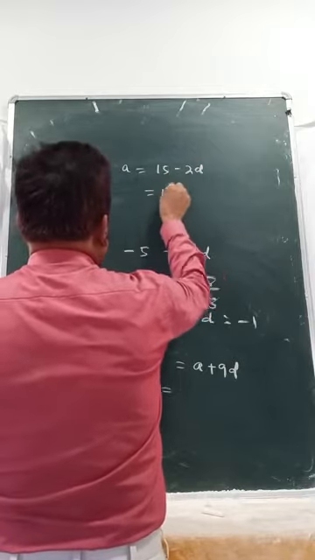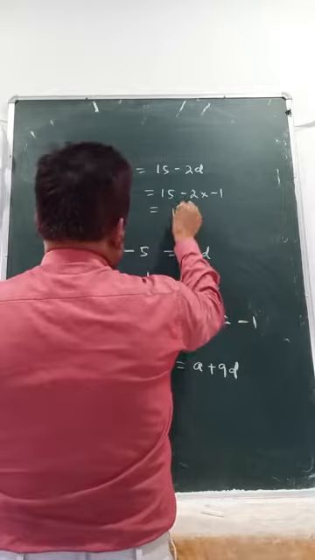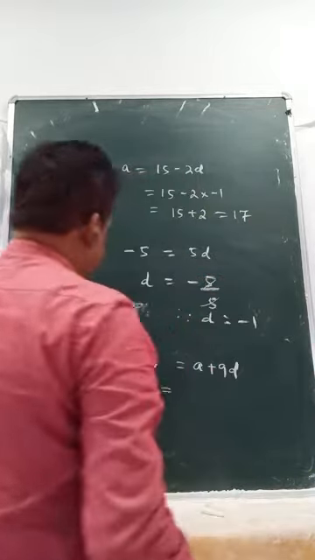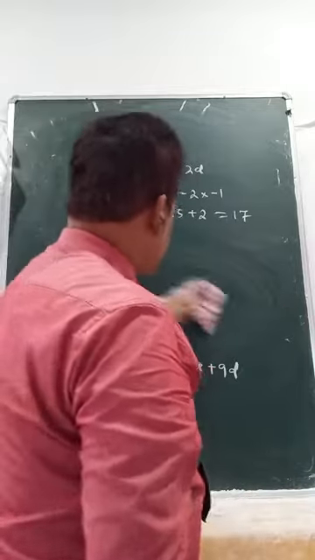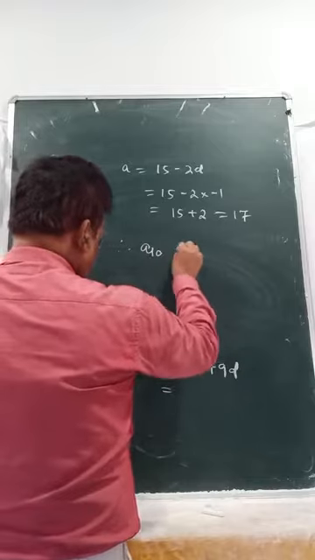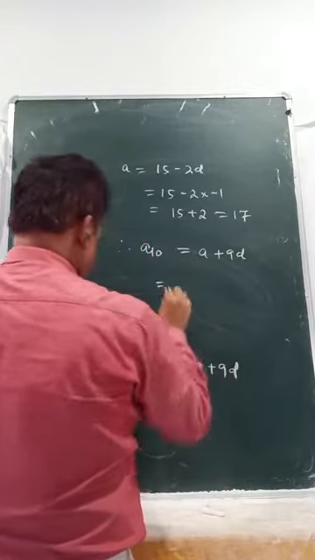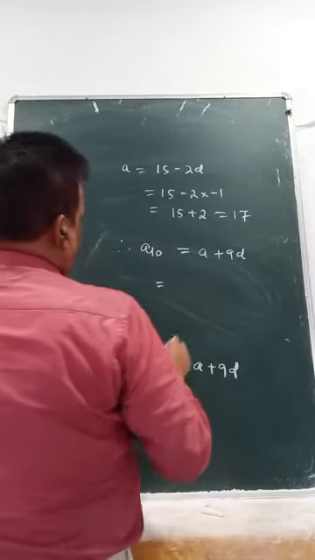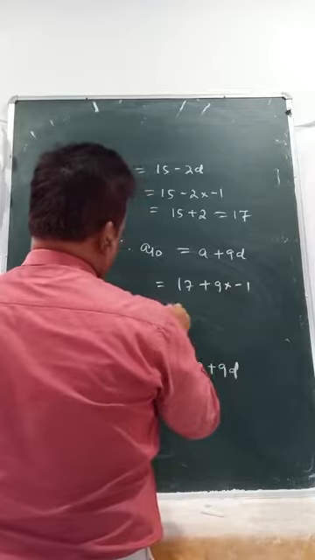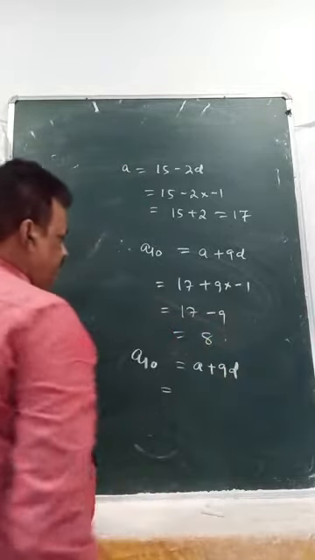So 15 minus 2 into minus 1, 15 plus 2, 17. Therefore A10 equals A plus 9D, which is 17 plus 9 into minus 1. 17 minus 9, 8.